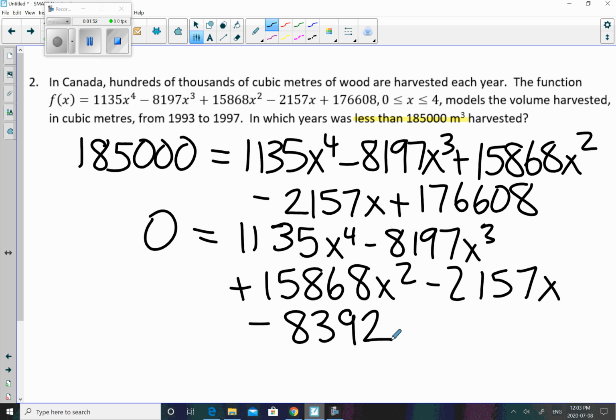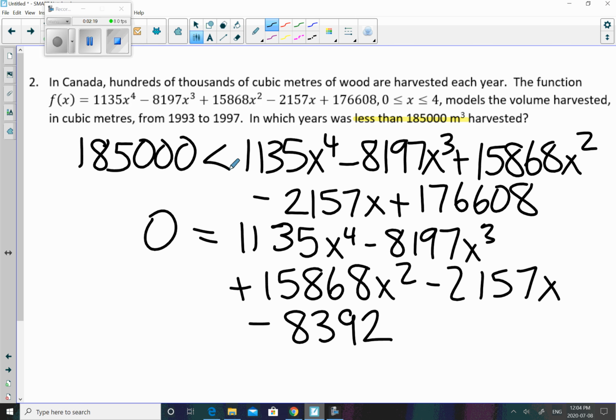So really these two questions are equivalent in terms of finding out when it is 185,000, or you can subtract 185,000 from both sides and figure out where this new equation, when you change the constant, equals 0. But we're actually asked not for when it equals 0, but when it's less than. So I really should change this to less.